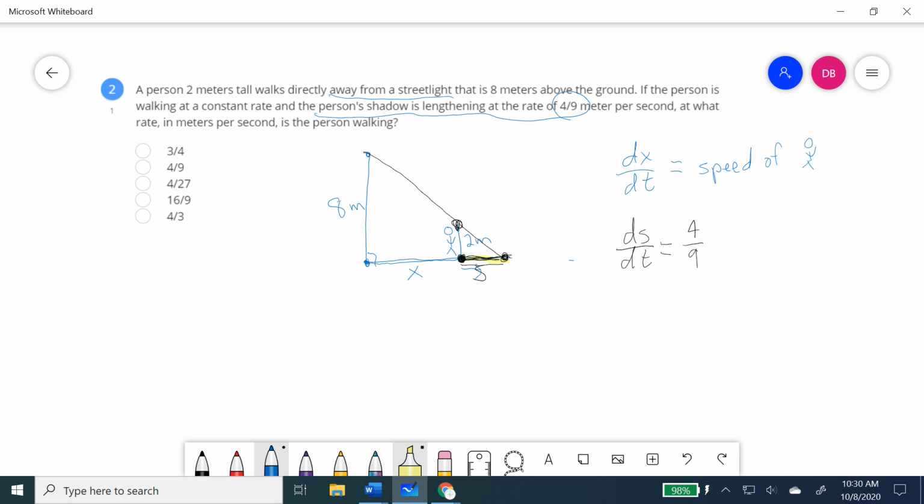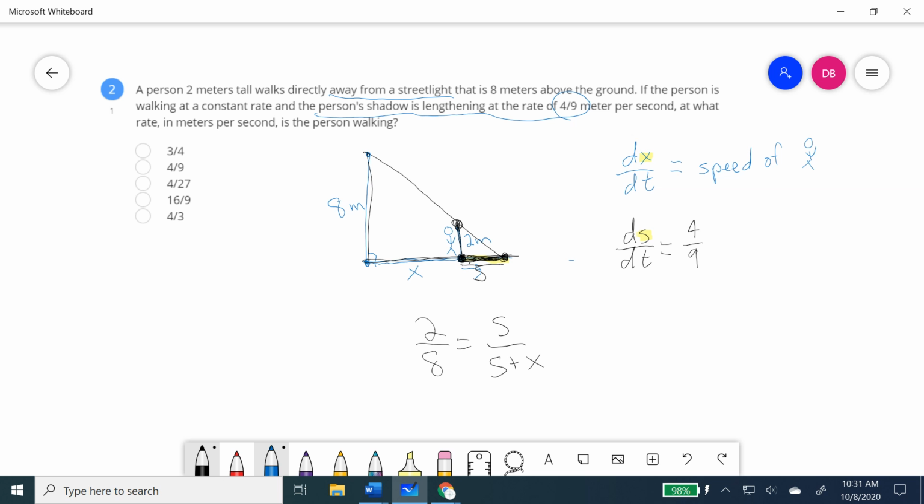So then take a moment to look at what are my rates of change? Who are the variables involved? I need those variables involved in an equation. And the shadow problems are looking at ratios of 2 similar triangles. So 2 meters is to 8 meters as S, length of shadow, is to this entire length, S plus x.